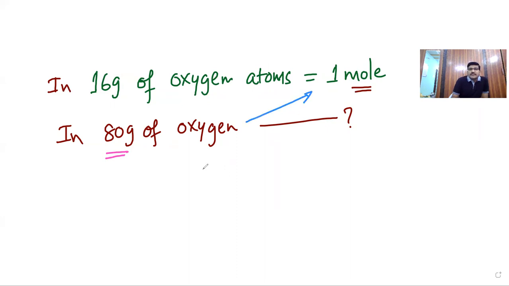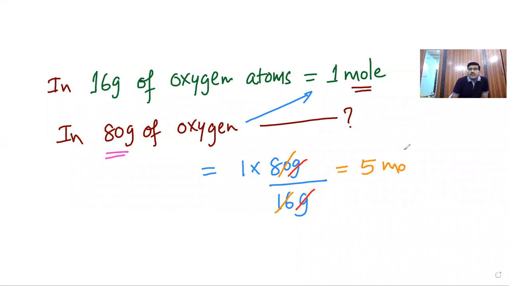Just cross multiply this. 1 mole into 80 grams by 16 grams. So grams will go. Clear? 16 fives. So 5 moles are present.